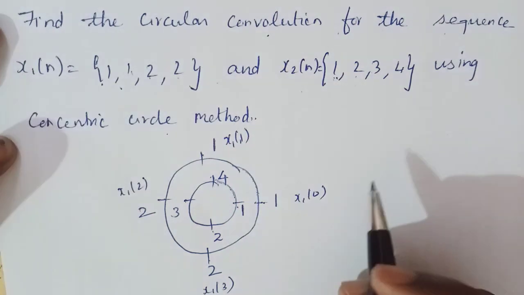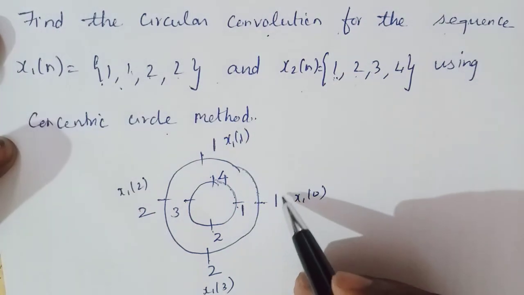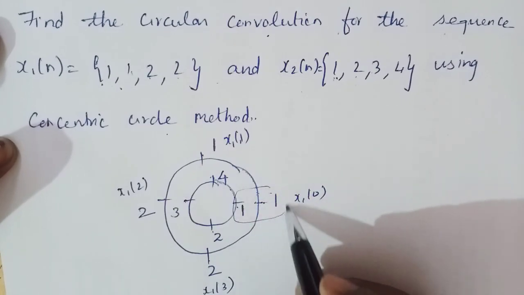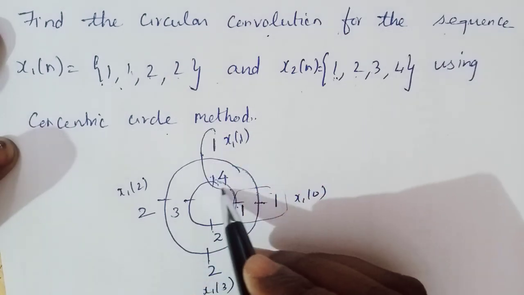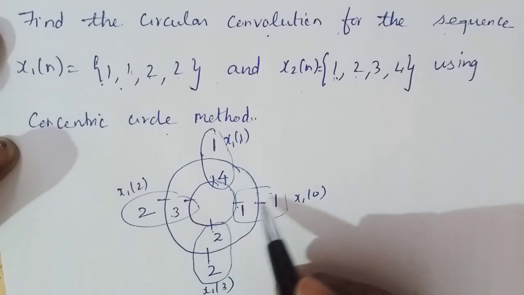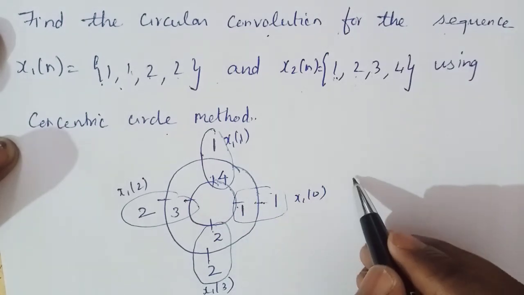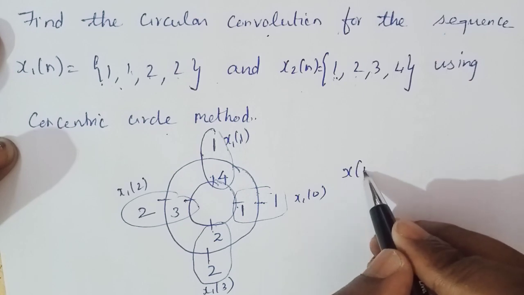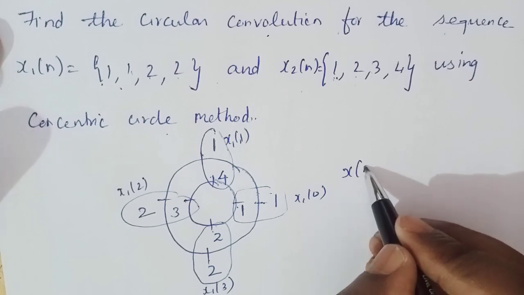Once we do that, we need to multiply the collocated elements. These two form a pair, again these two form a pair, and these two form a pair, and we add them. Let the output be x(0).